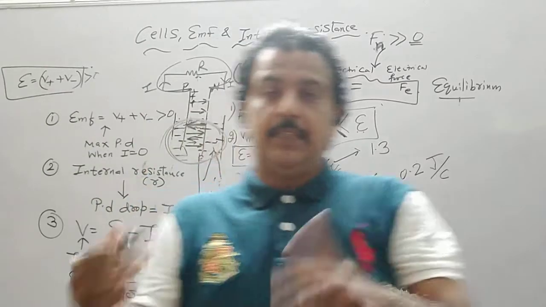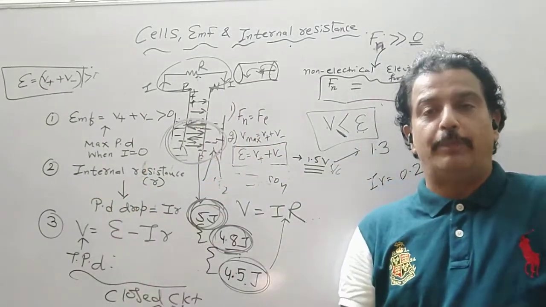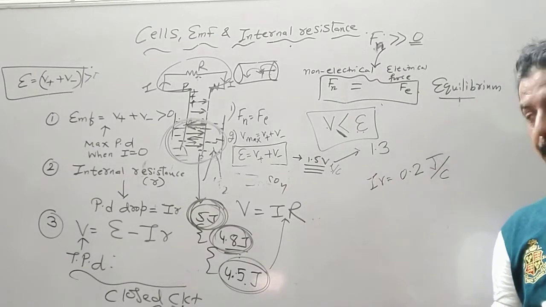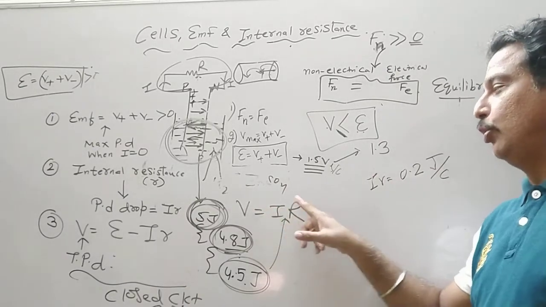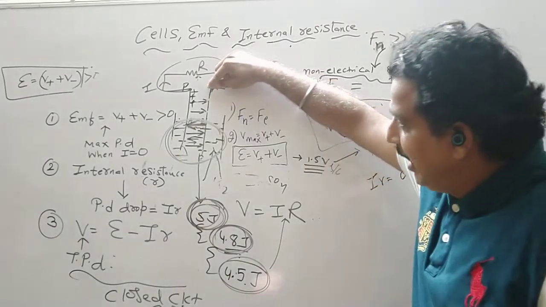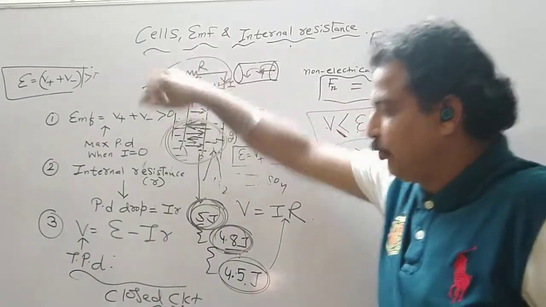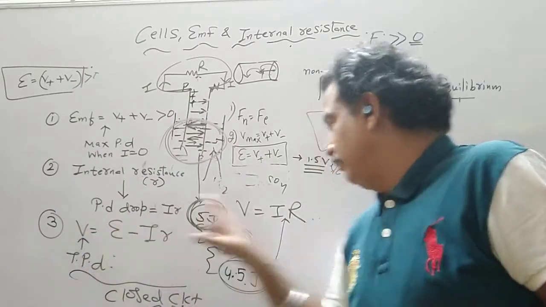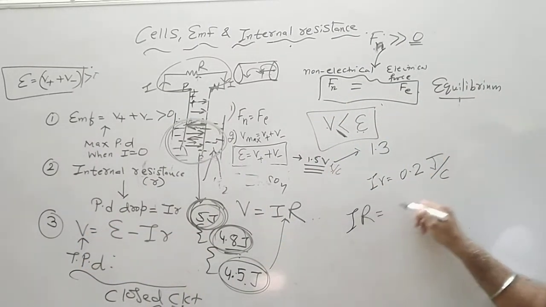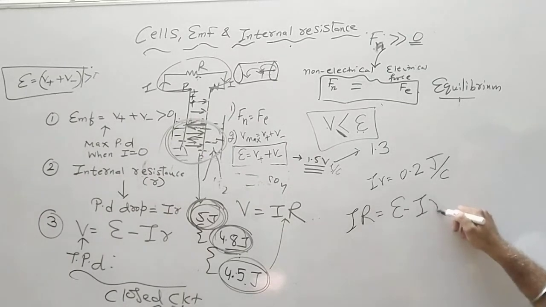This loss is referred to as the potential drop across a resistor or across a device. So V is equal to IR, that is the terminal potential difference. Now if I neglect the resistance of this wire, this V can be replaced by IR. So IR is equal to E minus Ir.